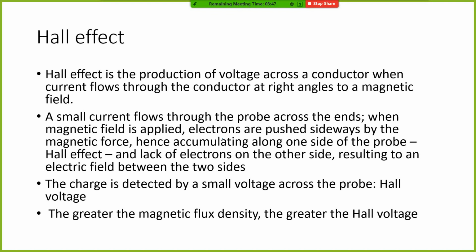The lack of electrons on the other side results in an electric field between both sides. The charge is detected by a small voltage across the probe, and we call this voltage the Hall's voltage. The greater the magnetic flux, the greater the Hall's voltage.